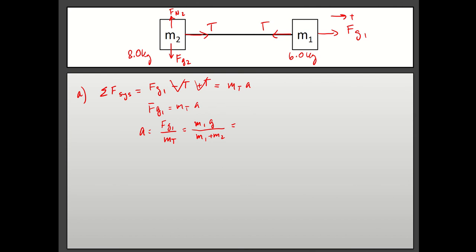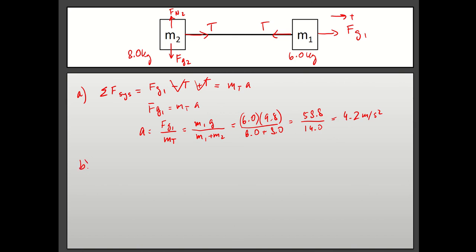So M1 is 6, M1 plus M2, 6.0 plus 8.0, we get 58.8 over, well, 14. So we get 4.2 meters per second squared. So that's part A.